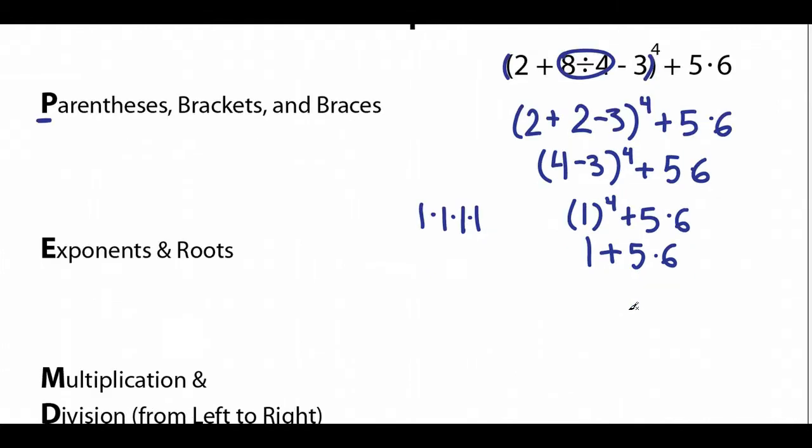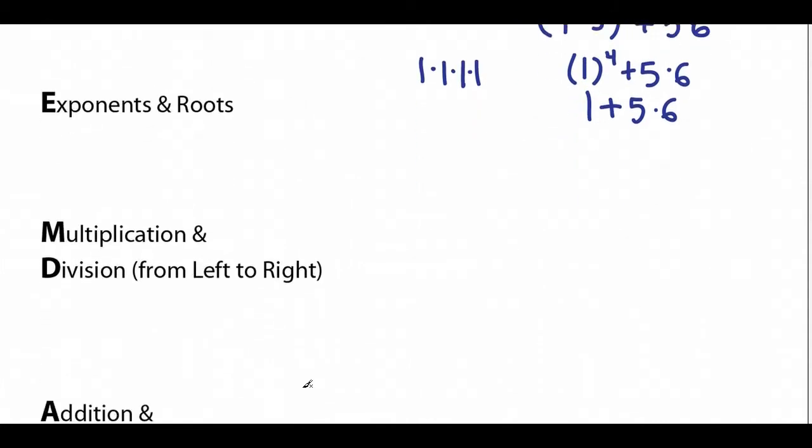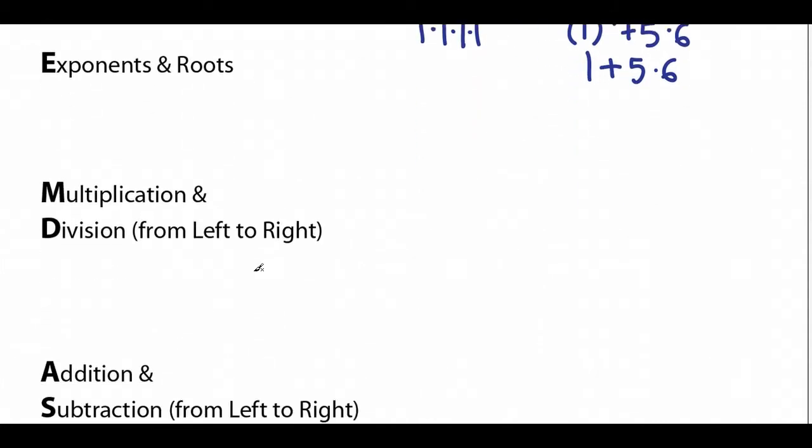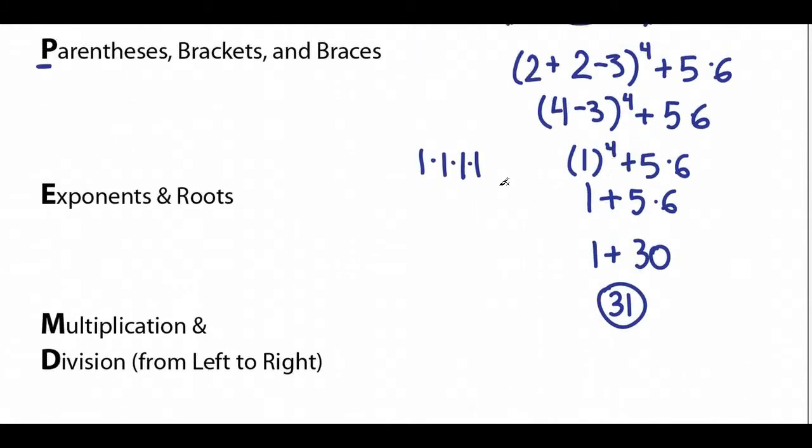And now we look here at multiplication and division, which is the 5 times the 6. 5 times 6 is 30. Drop everything down, and now we're here on our final step of addition and subtraction. So we say 1 plus 30 is 31. And again, it funnels down nicely to our answer.